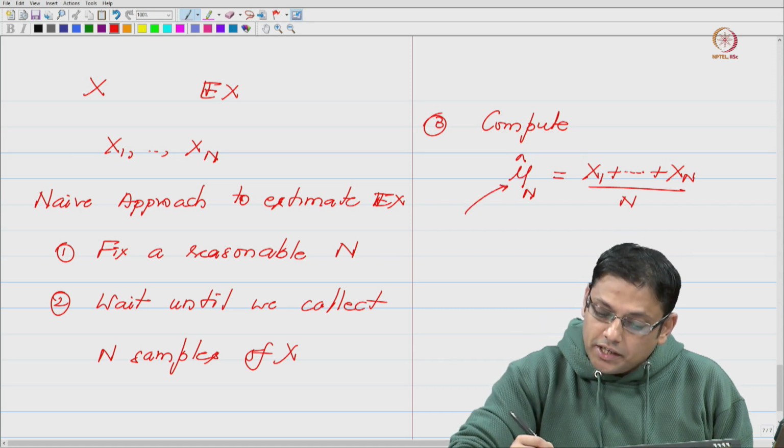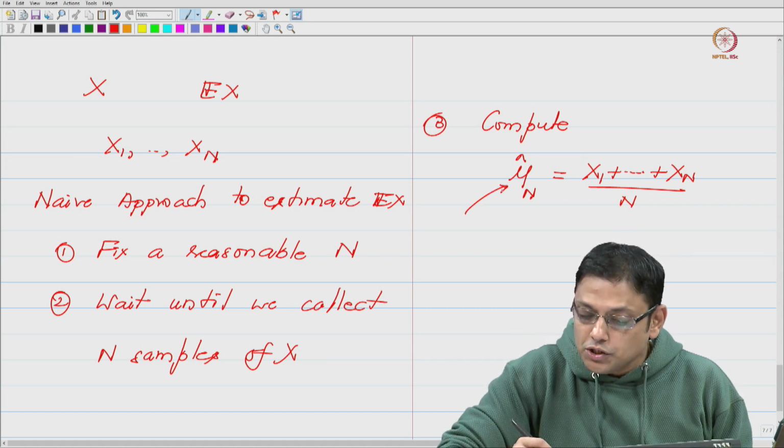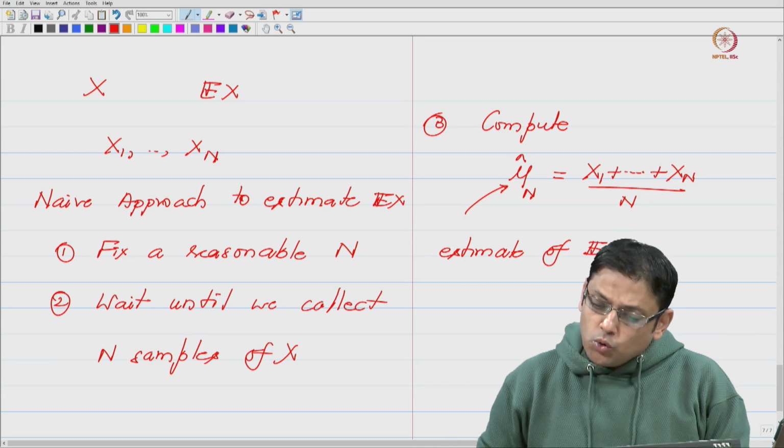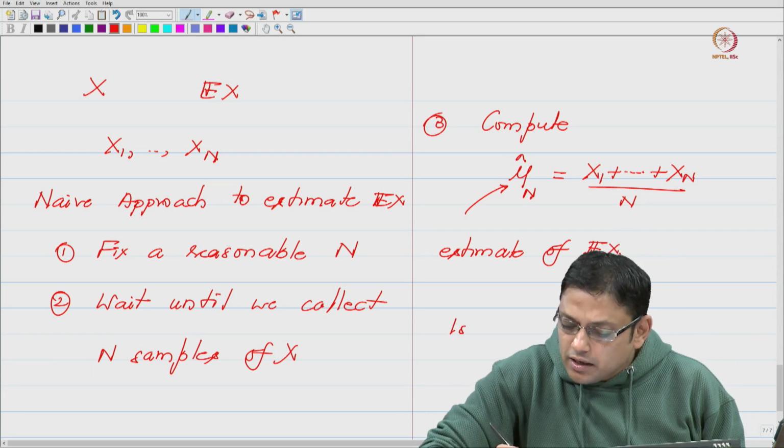This quantity we will use to denote the estimate of the expected value of x.